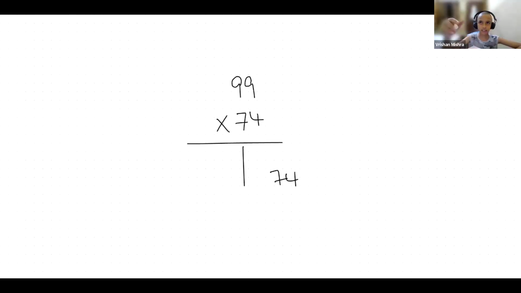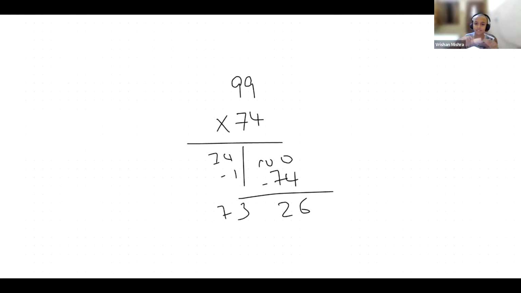So the answer is 26. Then 74 minus 1 is 73. So 7326. So on both sides there will be whole numbers, not a single digit. Of course, you take the whole number other than 99 and do the calculations according to it.